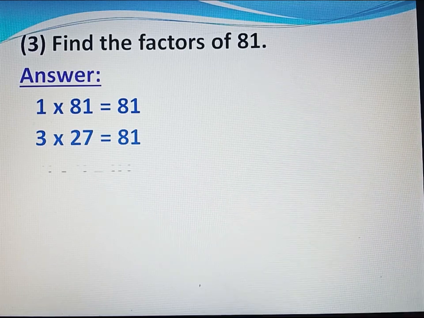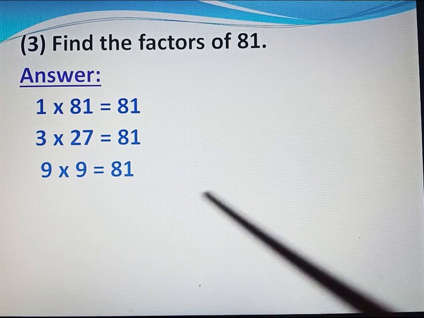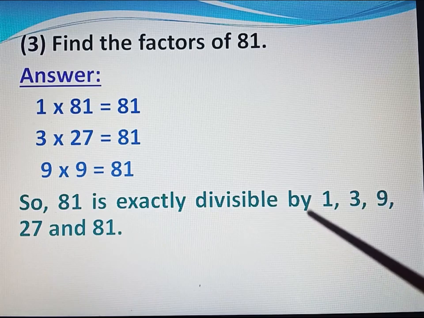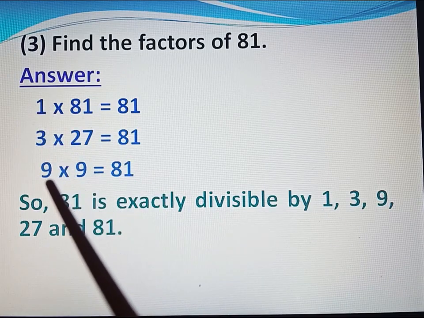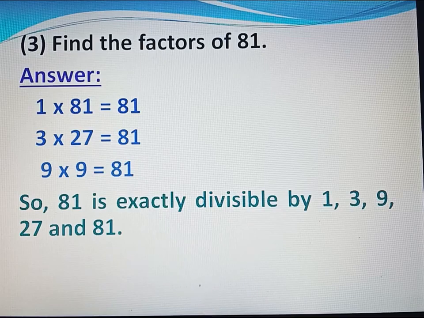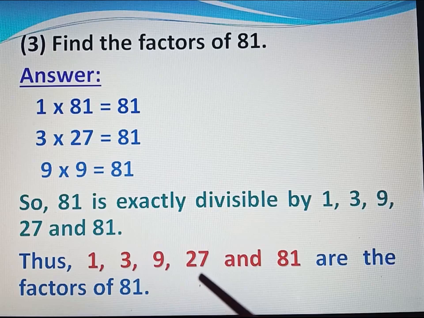See 9 multiply 9 equal 81. So 81 is exactly divisible by 1, 3, 9, 27, 81. Thus 1, 3, 9, 27 and 81 are the factors of 81.